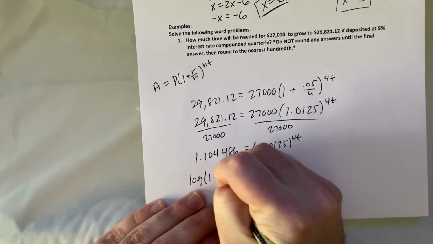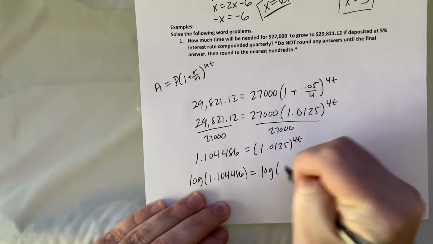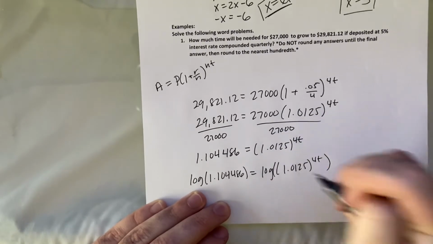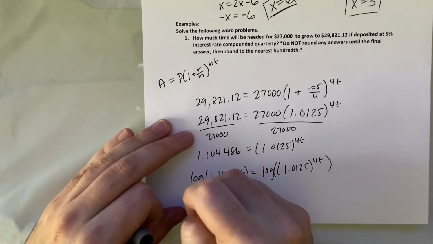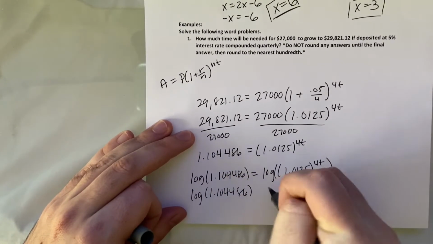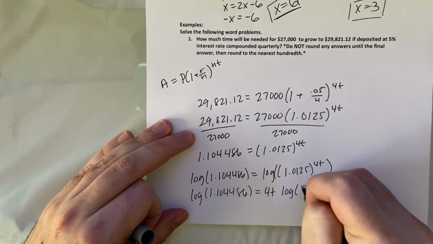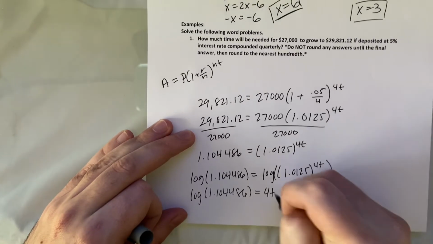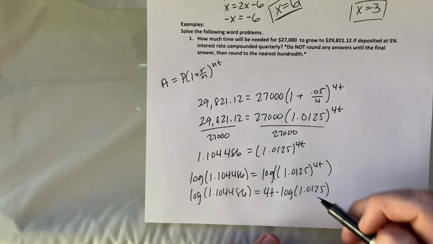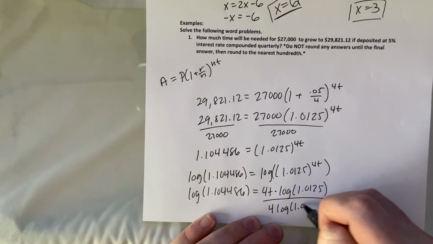The log of 1.104486 equals the log of 1.0125 to the 4t, which allows me to bring the 4t out front. So 4t times the log of 1.0125. And now if I want t by itself, I divide by the 4 and by the log of 1.0125.